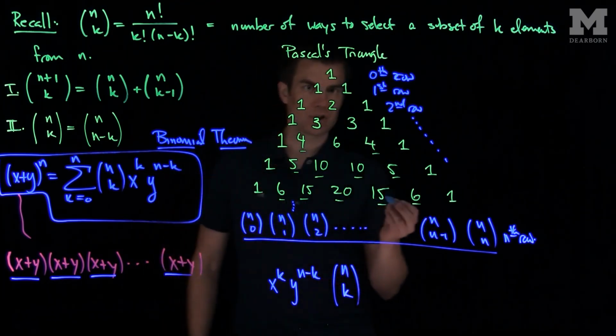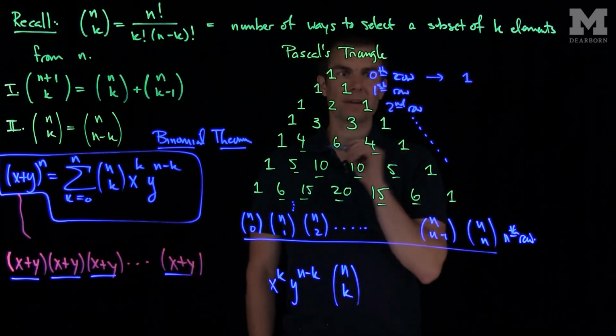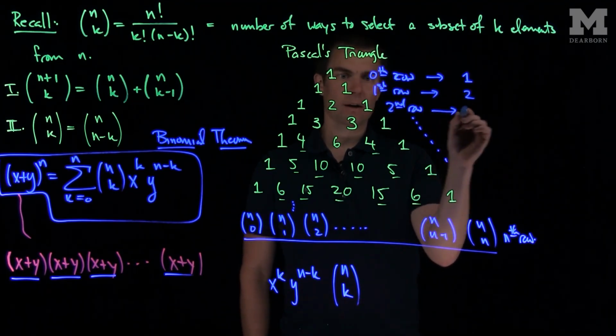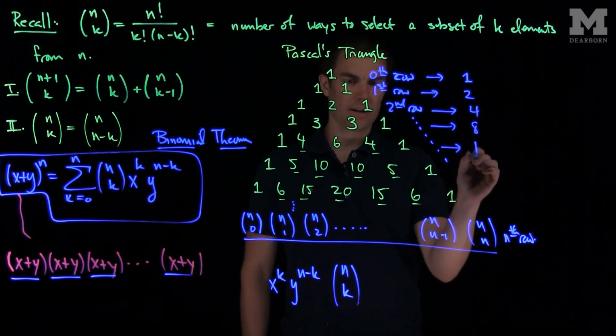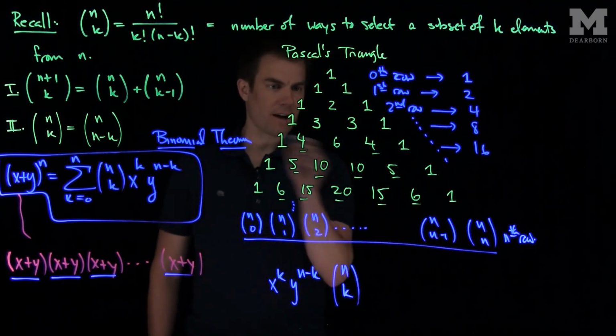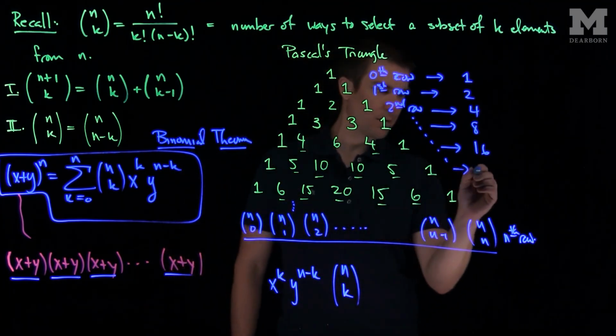In particular, if I add up all the elements in the 0th row, I get 1. If I add up all the elements in the first row, I get a 2, then a 4, then an 8, then a 16. Then the next row is 5, 5, and 6, which is 32.